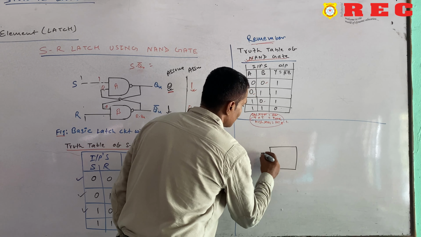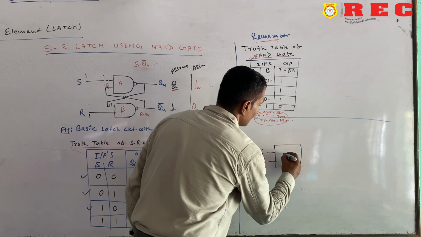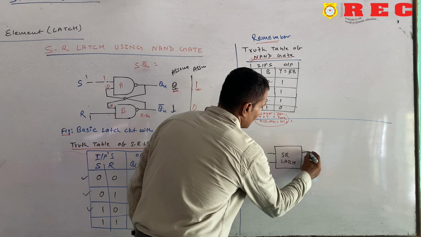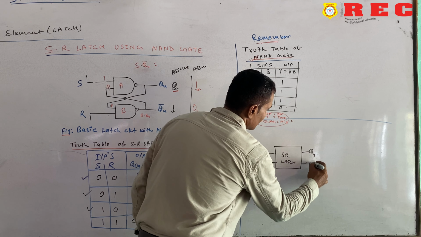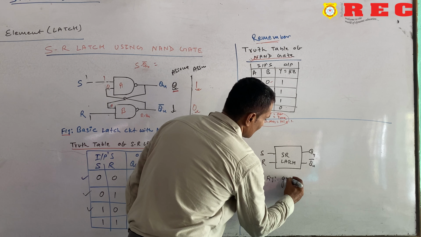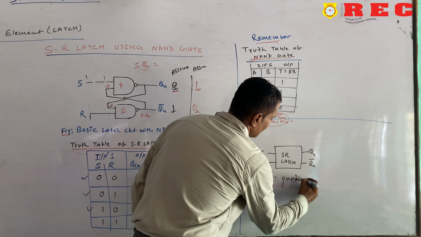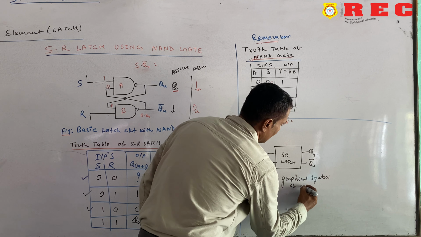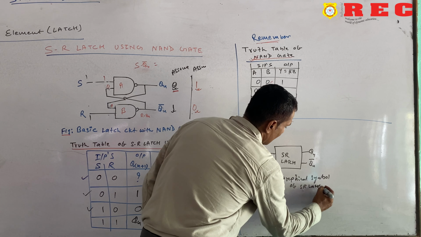This is S, this is R, and this is the SR latch. This is Qn and this is Qn complement. This figure you can show as the symbol of the SR latch.